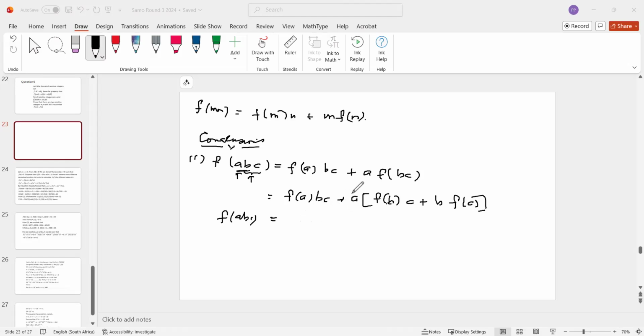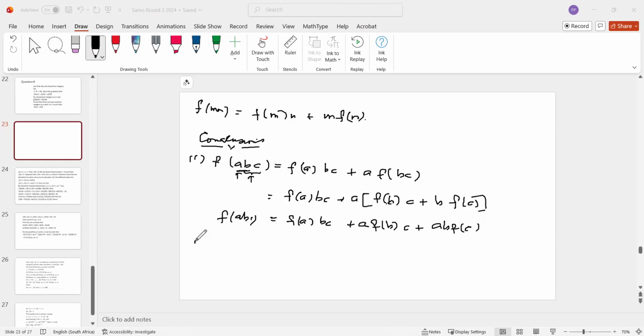So this is f(A) times BC plus A times f(B) C plus AB f(C). Just remember that this is the value of the image of a product of three numbers.